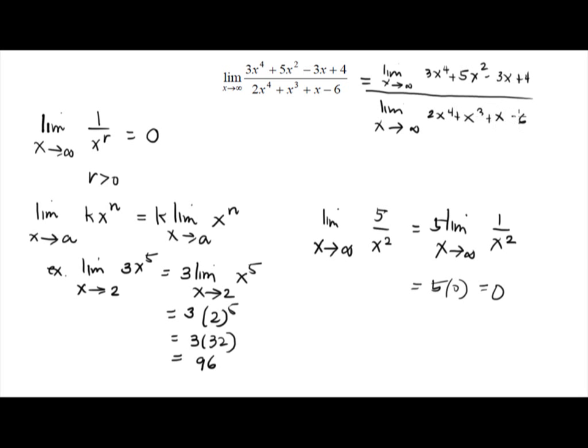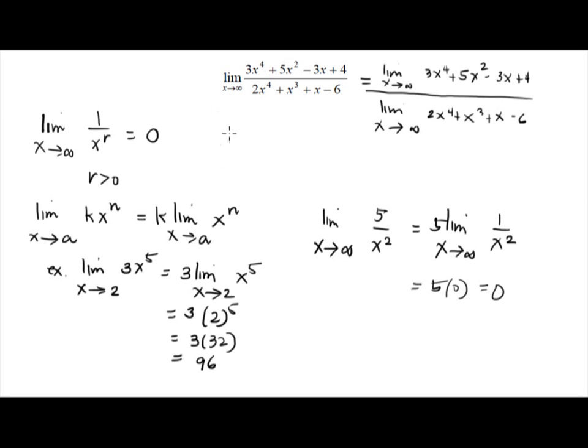You can actually do this. Now, but since this is infinity, you cannot just substitute infinity for every x. So there must be something that you need to do with the expression.